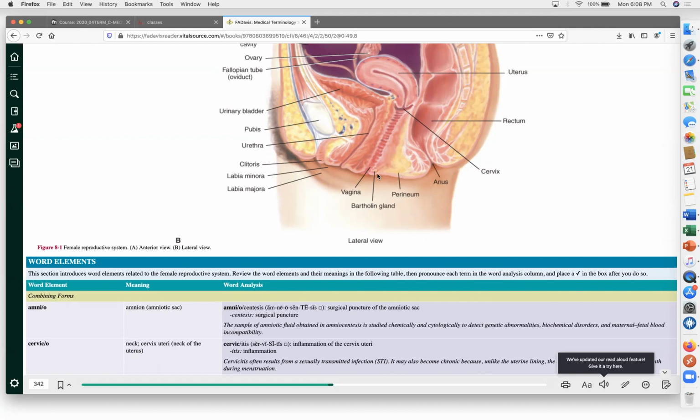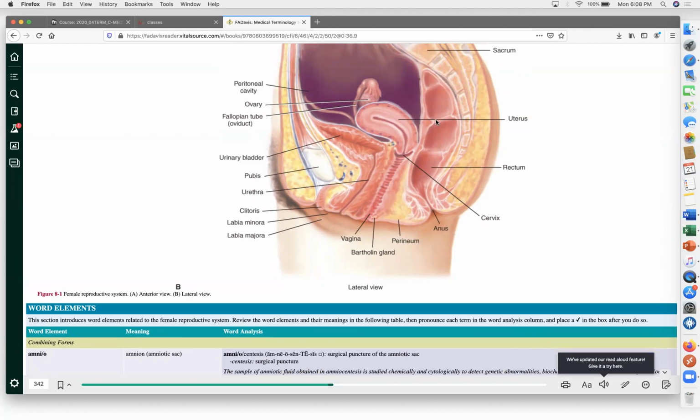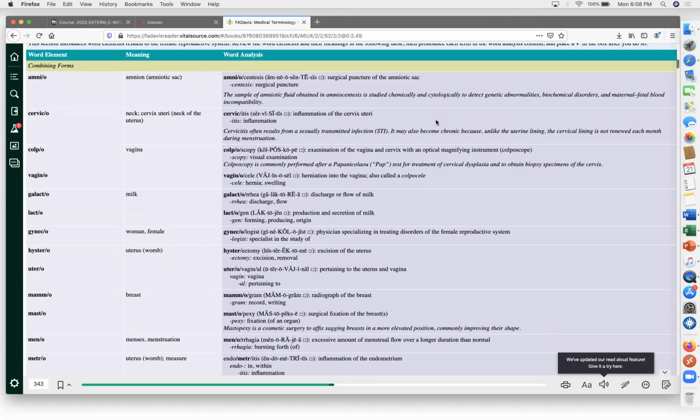Well, now I'm getting into an anatomy lecture, and I don't want to get into an anatomy lecture right now. But just to give you perspective when we start talking about the different anatomical parts. But again, this is a medical terminology class. Let us focus on the words.